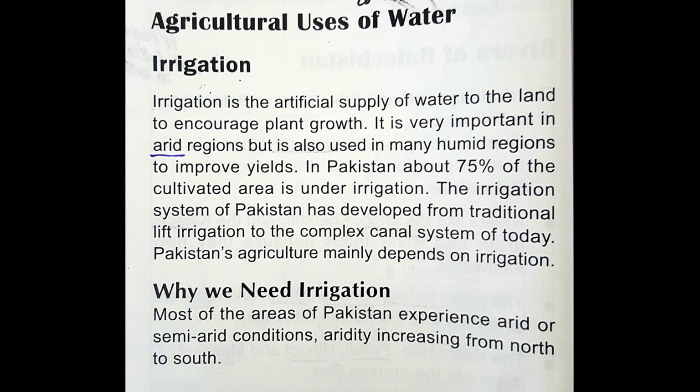Why do we need irrigation? Most of the areas of Pakistan experience arid or semi-arid conditions. Aridity increases from north to south. Figure 3.10 shows that rainfall in Pakistan is ineffective in many ways. Students, we need irrigation because rainfall is limited.